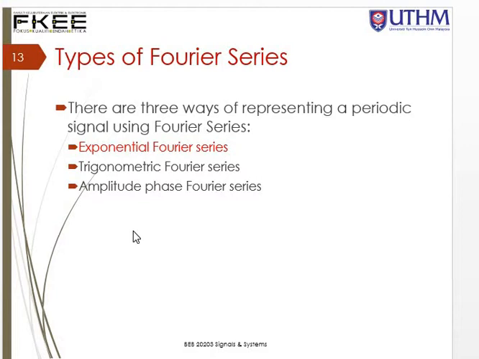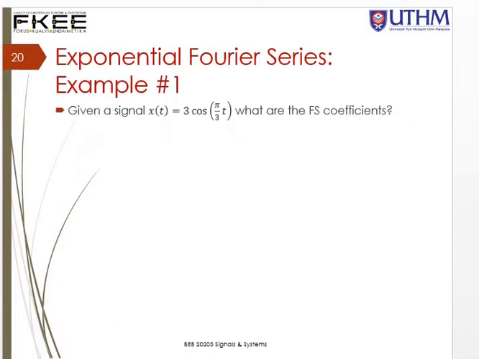In the chapter on Fourier series, you have three types: exponential, trigonometric, and amplitude-phase Fourier series. Now let's go through example 1, the exponential Fourier series. Given a signal x(t) equal to 3 cos(pi over 3 t), what is the Fourier series coefficient?